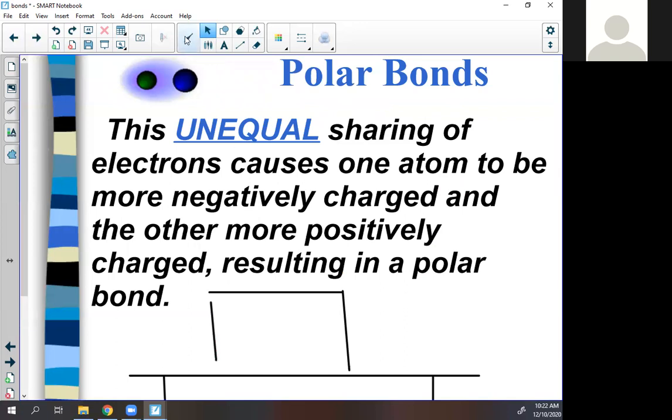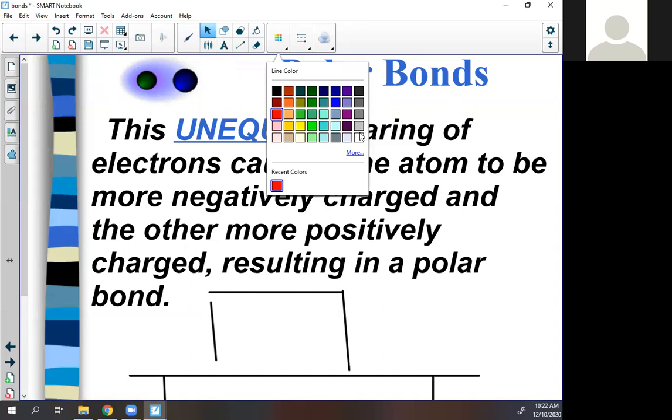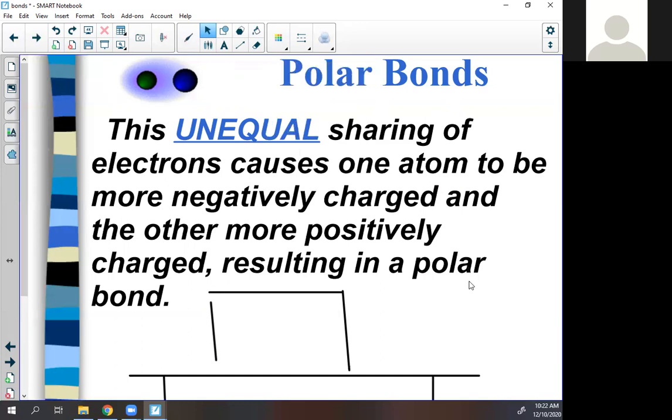So in this picture up here, which one of these, green or blue, is the more electronegative atom if the cloud is representing where the electron is most of the time? Green, good. The green is the one that's more electronegative.